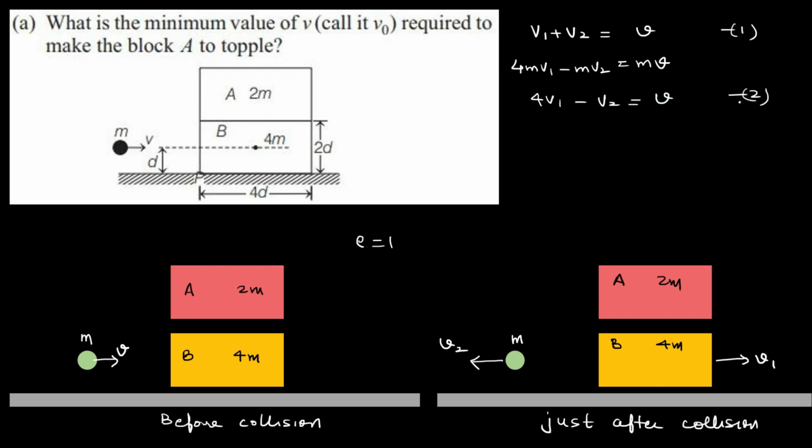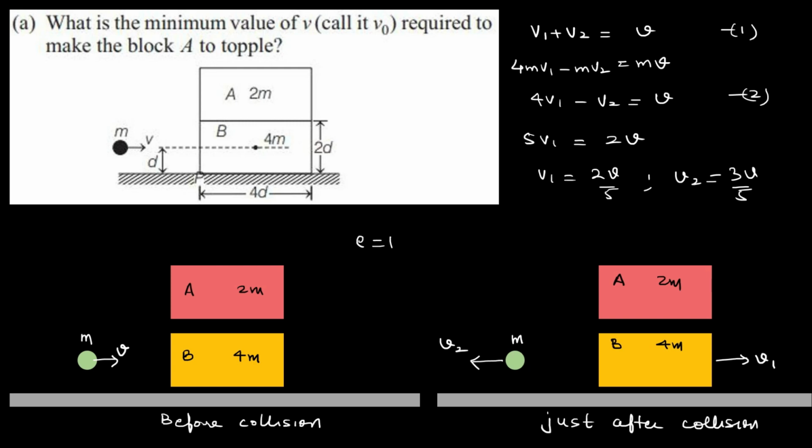This is the second equation. Adding these two equations, we get 5v1 is equal to 2v, so v1 is 2v by 5. Putting this v1 into equation 1, we get v2 is equal to 3v by 5. So we have the velocities of block B and the colliding body just after collision.